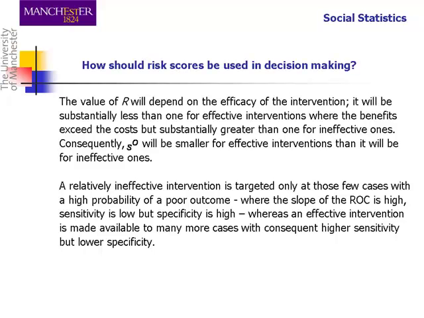So if you've got all that kind of information, then you're in a position where you can actually say, this is where I think my cut-off point should be on my risk score in order to maximize the efficiency of the way in which we use our resources. And that's really what this is all about.